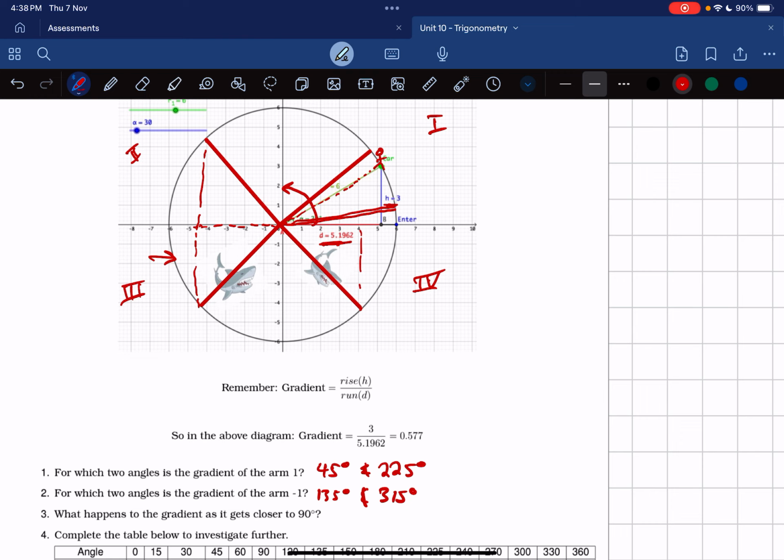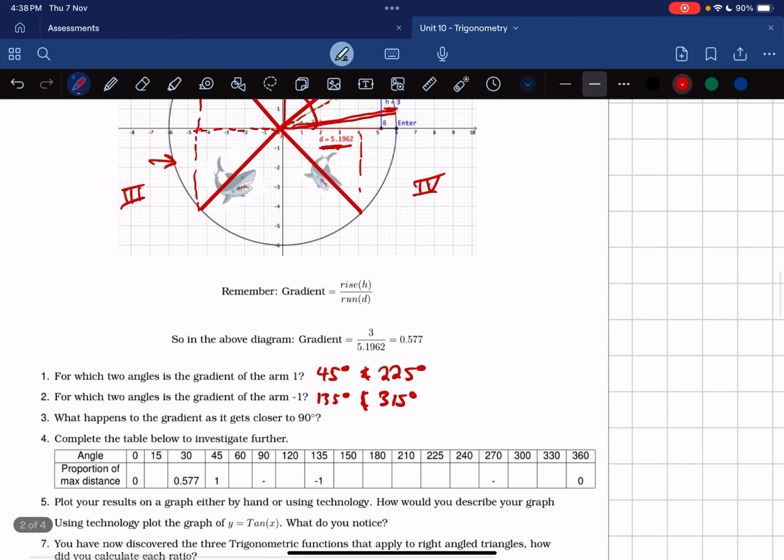Okay, and then if I go to a really large angle, think about 88 degrees, that's a really, really steep gradient, right? So hopefully we answered for number 3 something along the lines of our gradient gets larger, or you could say gets steeper. Okay, gradient gets larger or steeper.